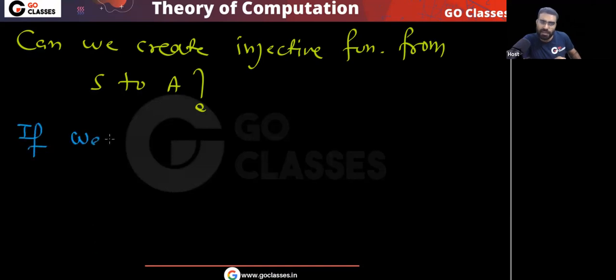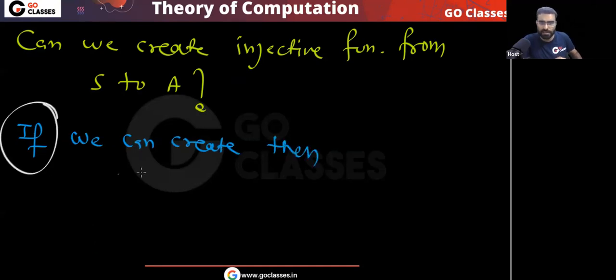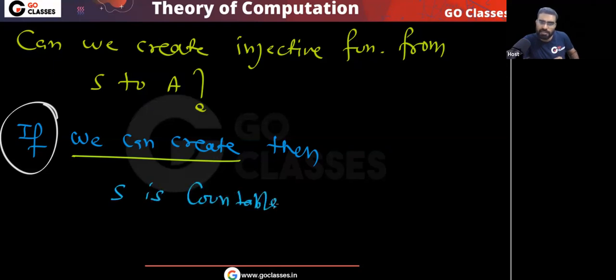If we can create an injective function from S to A, then I can say S is countable, right? Agree with me? If I can create an injective function, then S will be countable.